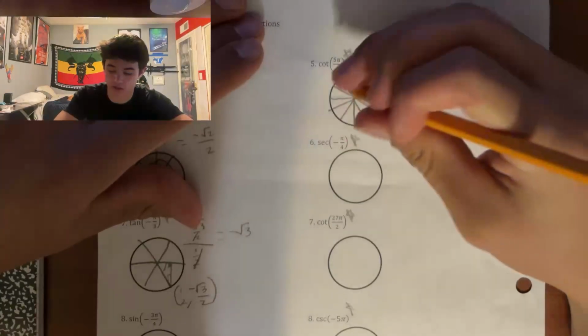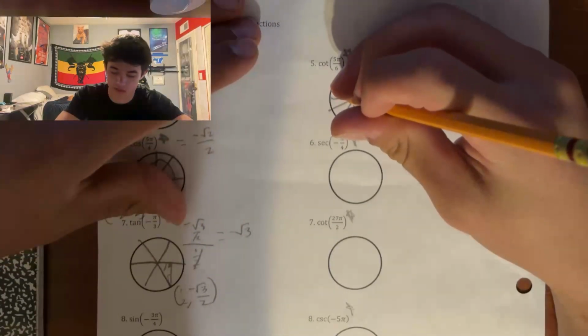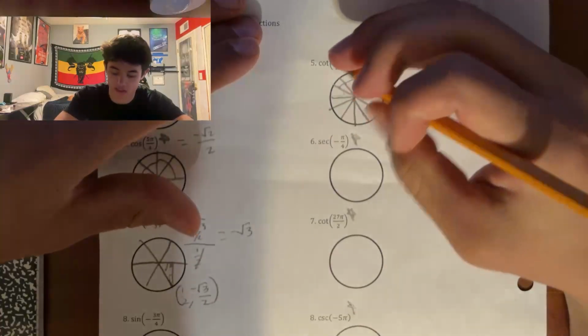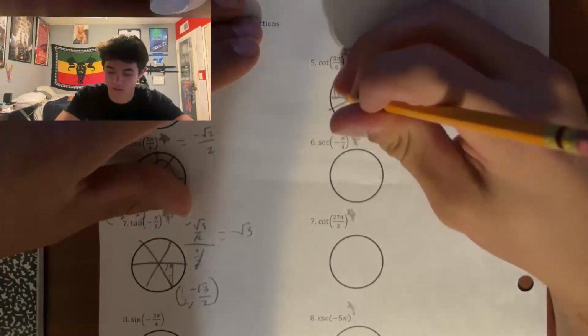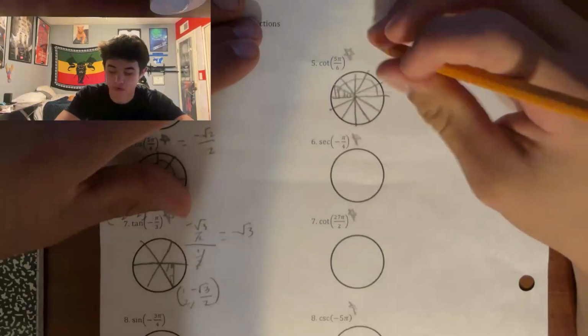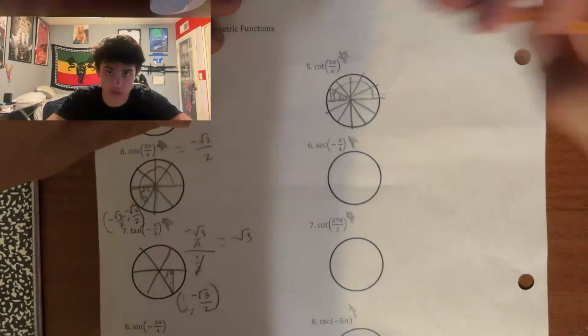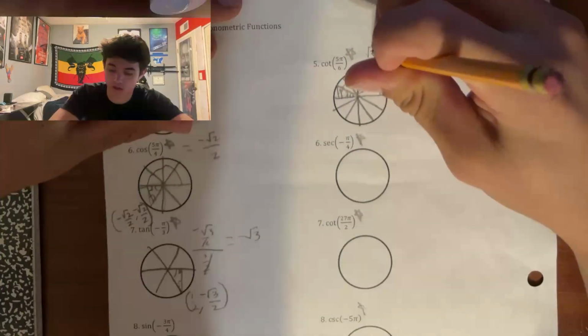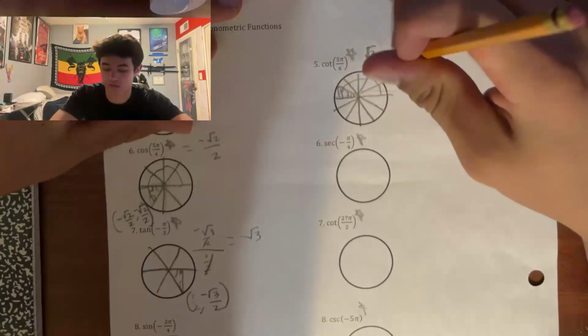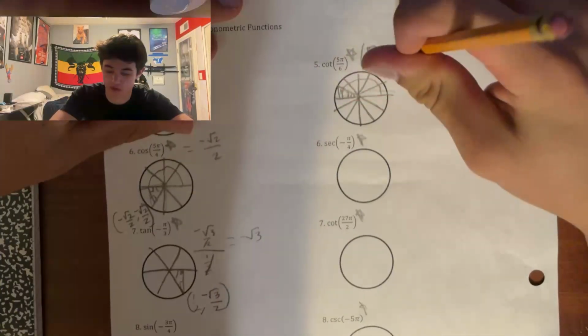So that's going to be right here. And then we can see this is going to be a 30 degree, 60 degree, 90 degree triangle. And then we can just use our trick. So we know 3 times 2 equals 6. So we know root 3 over 2, 1/2. That's going to be the coordinate.